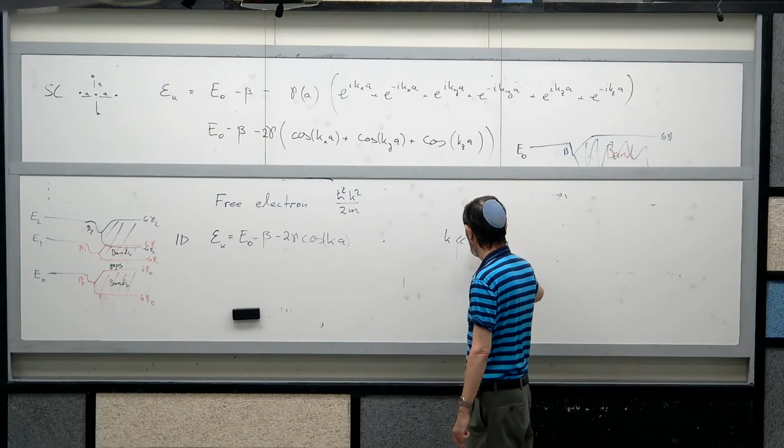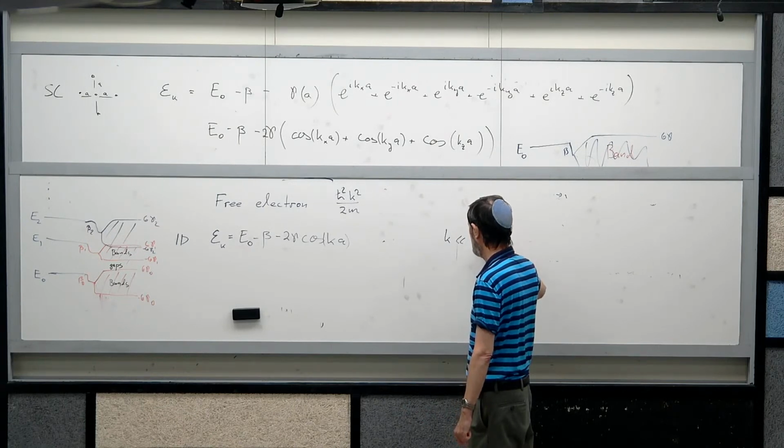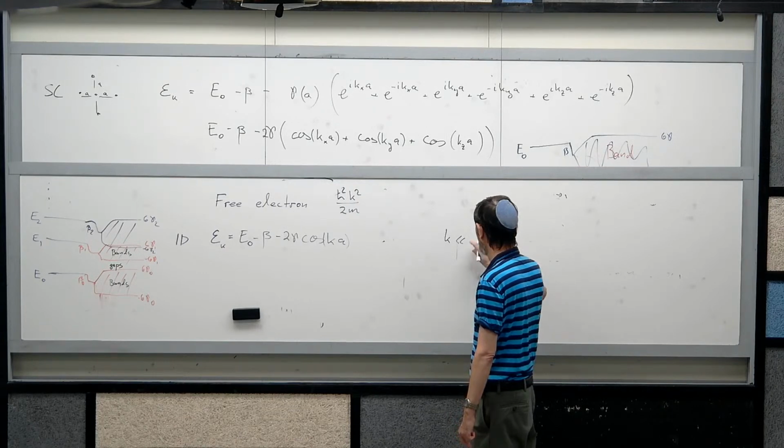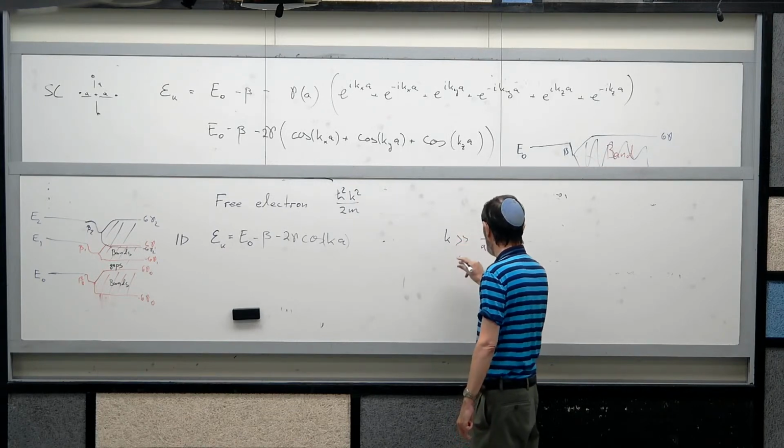1 over a, sorry, for K much smaller than 1 over a.